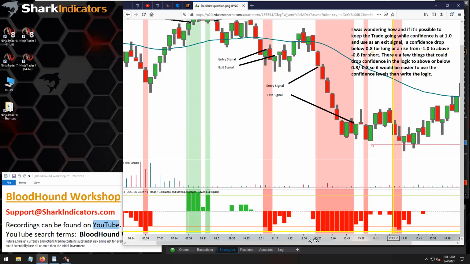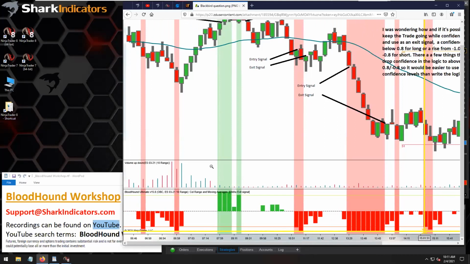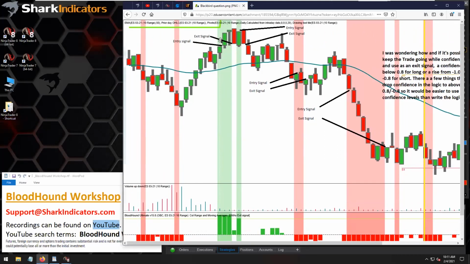And let's see here, I think, yeah, here we go. For some long signals, the first green long signal is the entry signal. And actually, all of these are entry signals. So these are all the entry signals, so one thing to be mindful of.